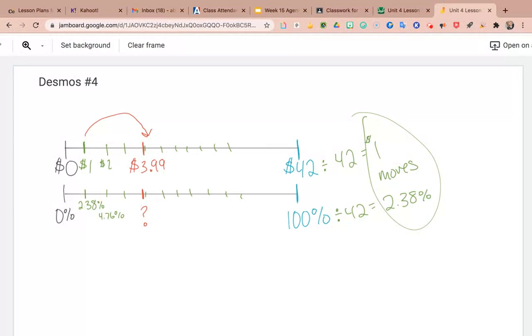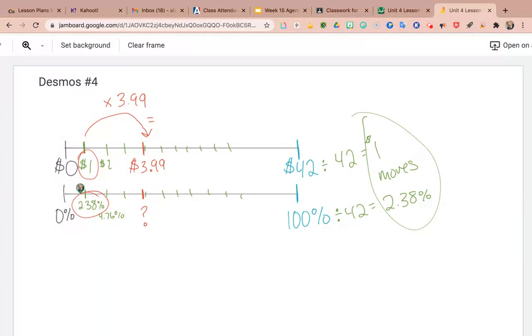But instead of repeatedly adding $1, I can just multiply, right? Because repeated addition is just multiplying. So 1 times $3.99 equals $3.99.